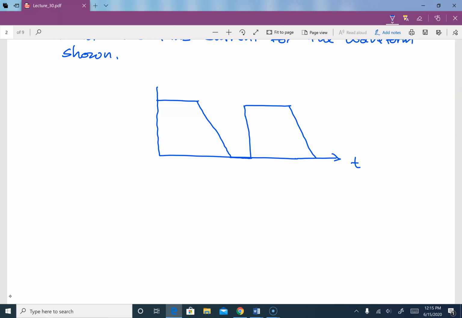That is t, and this is i of t. This is 0, that is 2, 3, 4, 6, and 7. So this is our periodic waveform.